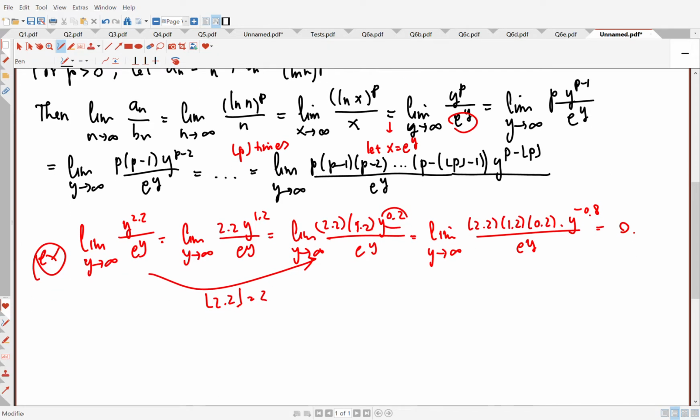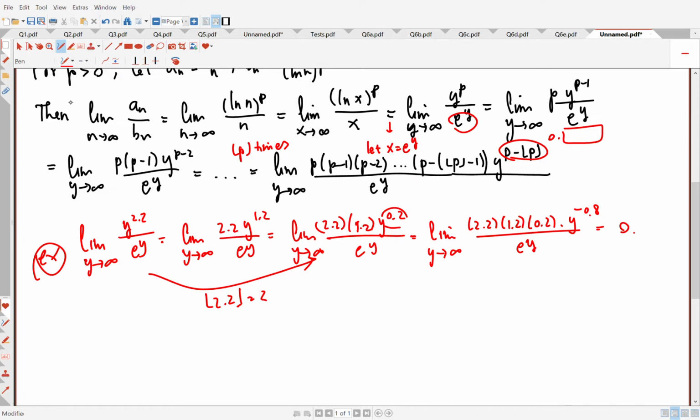Okay, and we see that if p is not an integer, this will be sort of like 0 point something, and we do L'Hôpital's rule one more time.